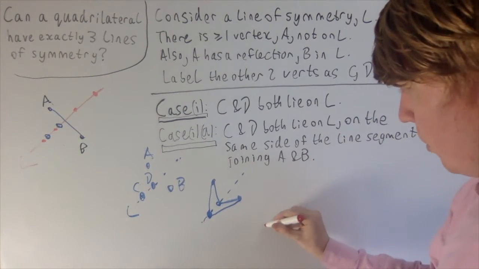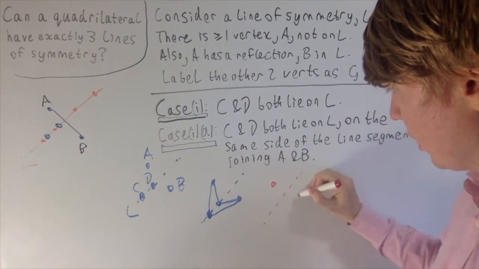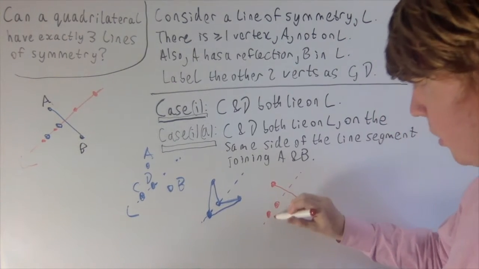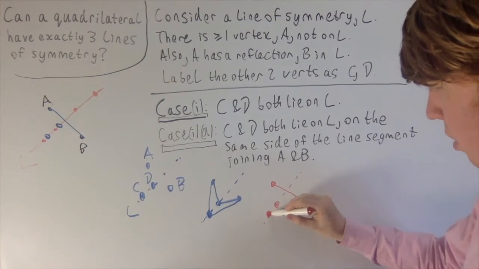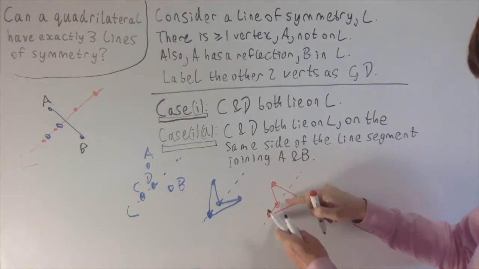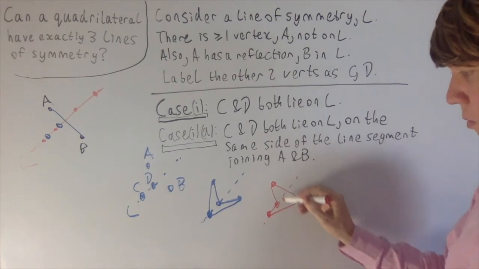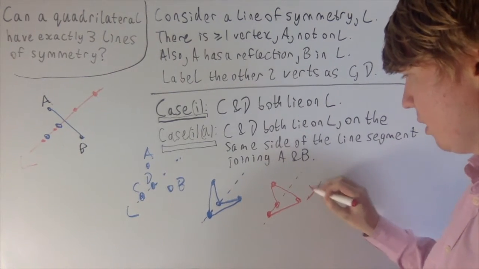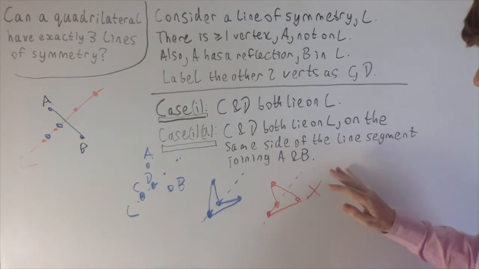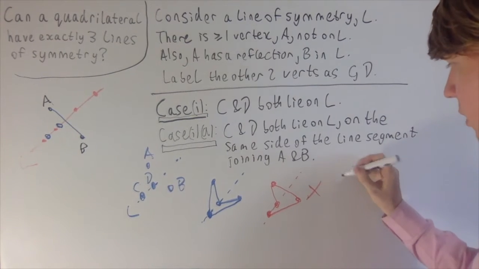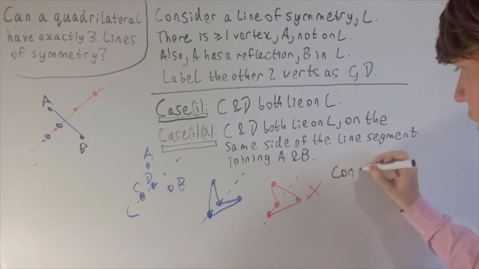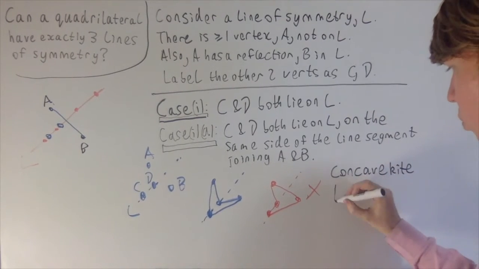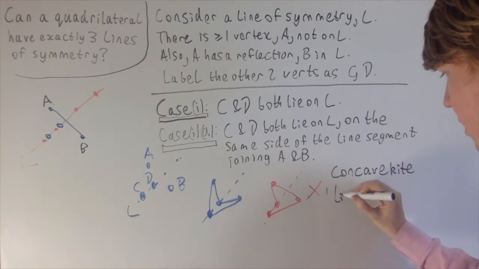There's another option, say if you tried to join A and B with an edge, but at this point you would get stuck, because if you want to join it into a quadrilateral, you would end up breaking the symmetry. You get another concave quadrilateral there, but this won't work either. So basically, case 1A, the only possibility is that you get a concave kite, which has one line of symmetry.